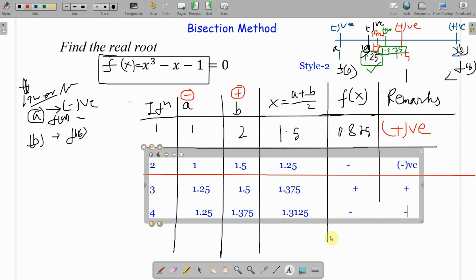Okay, see, in your exam you have to put the value of fx here. Right now I am not writing because I have already written it once.